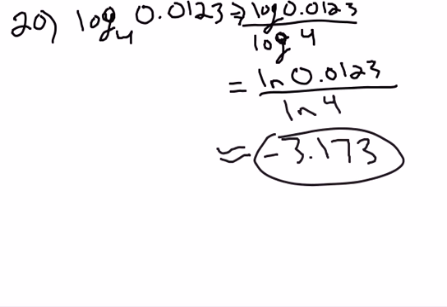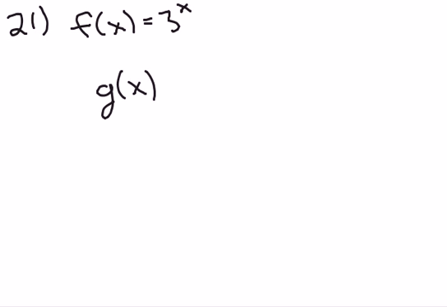Okay, number 21. 21 and 22 are both asking us about transformations of functions. So they say, let f of x equal 3 to the x, and they want us to write a new function g of x that's a transformation of the parent function f of x equals 3 to the x. So you have reflection about the x-axis. I always like to say next to x, over y; next to out front, or next to y, over x.